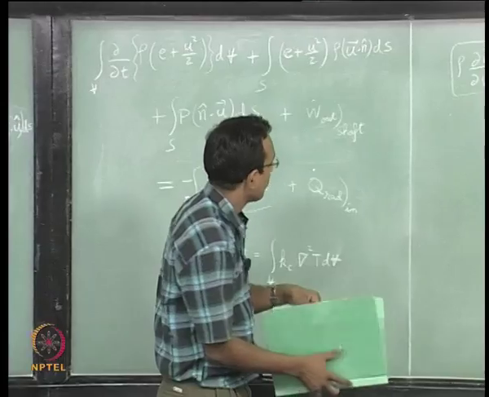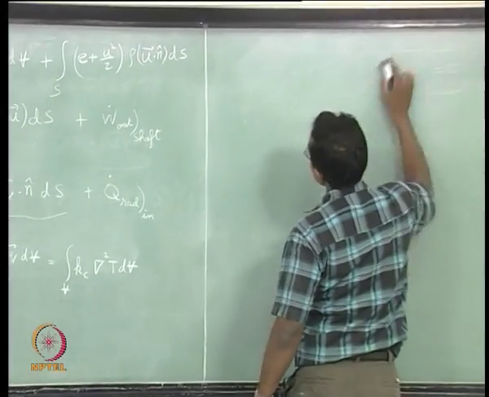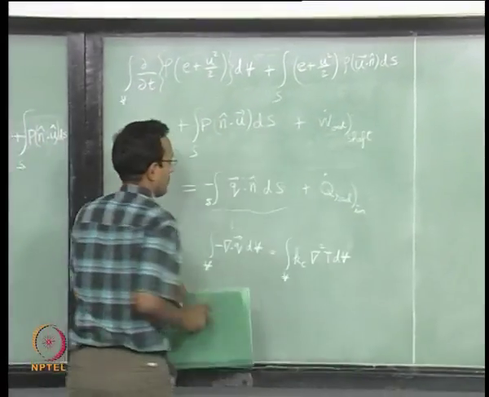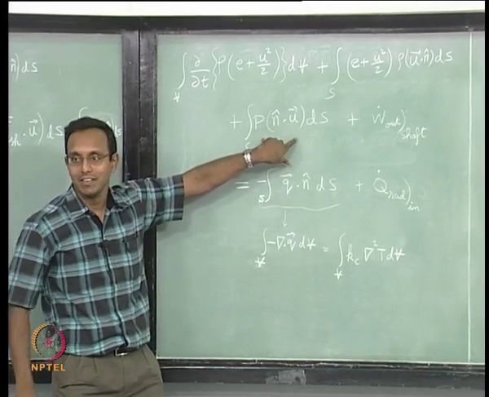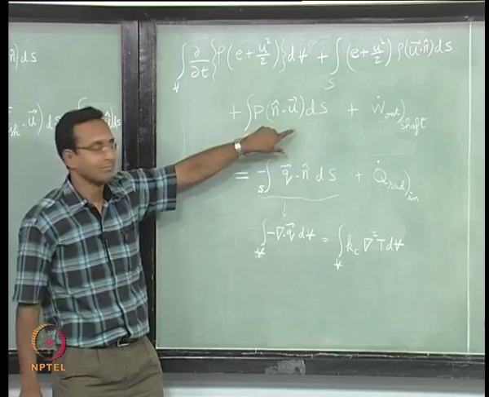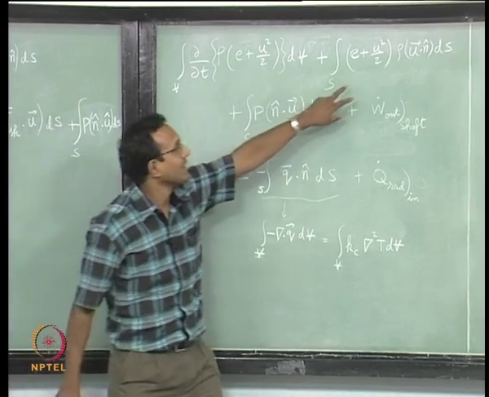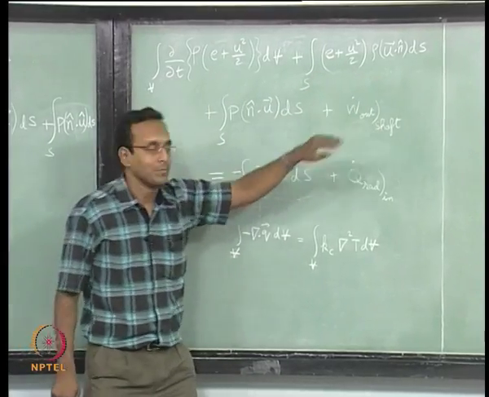Now we just want to write everything in terms of volume integral, which is not very difficult to do. Like we did this before, this can be rewritten in terms of a del p dot u kind of term. Like that you can write this term also, there will be a grad of this whole term that comes up.